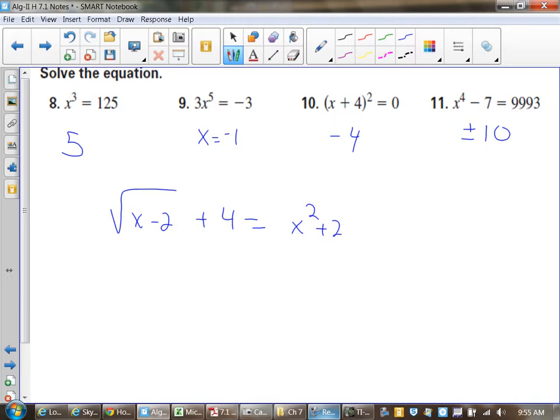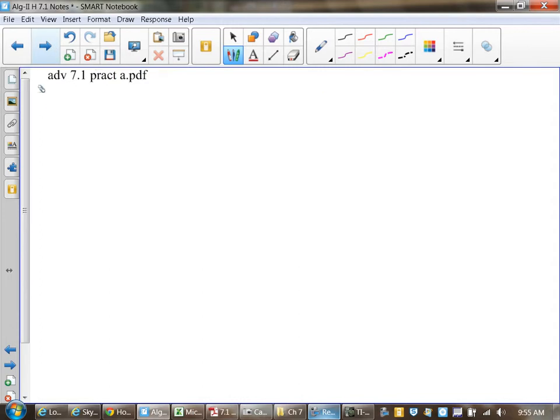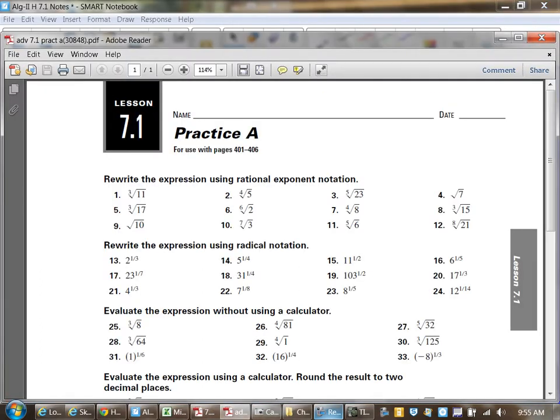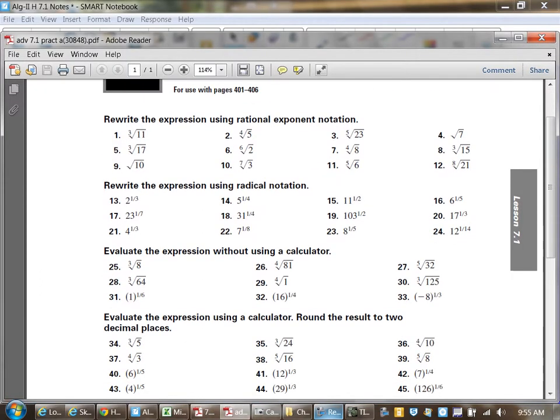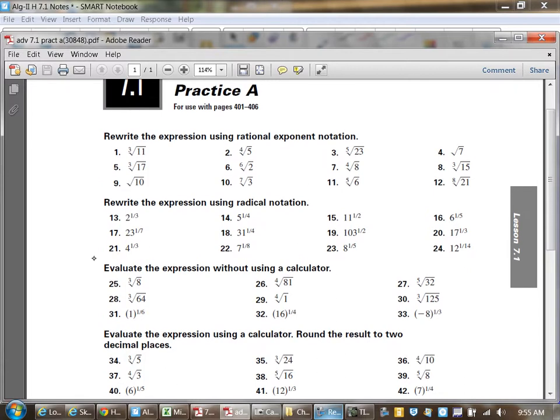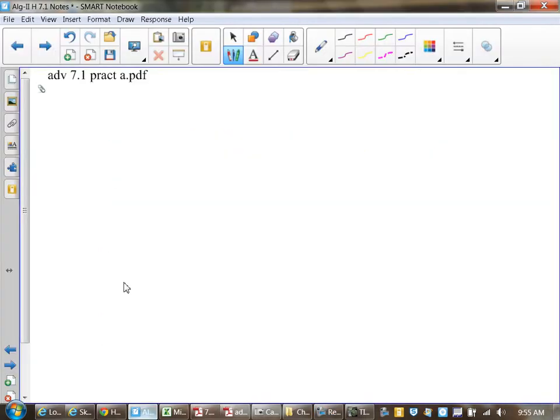But we'll get to something like that eventually. It's pretty straightforward. They give you some problems to work on. There's not that much in this first section, just to get your feet wet about how to rewrite with the exponents.